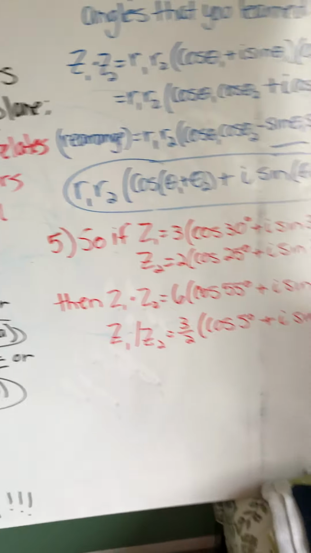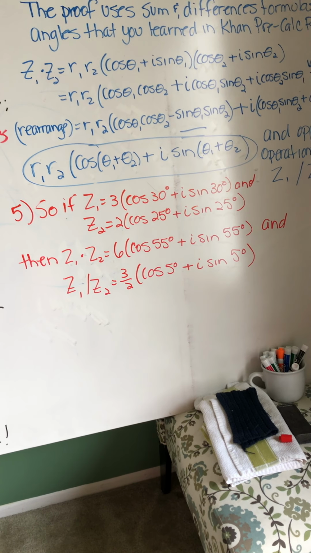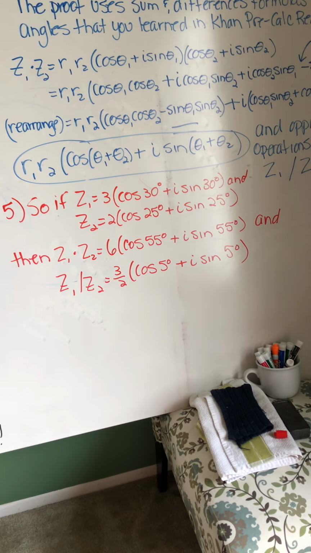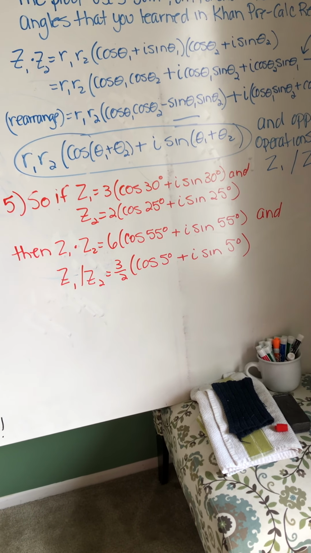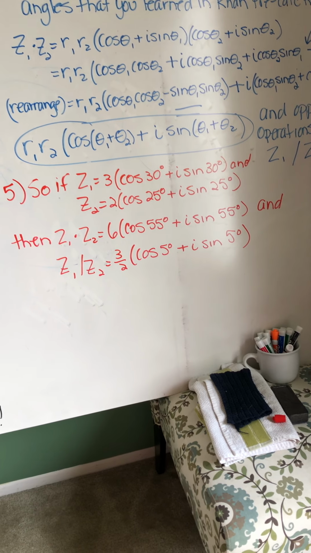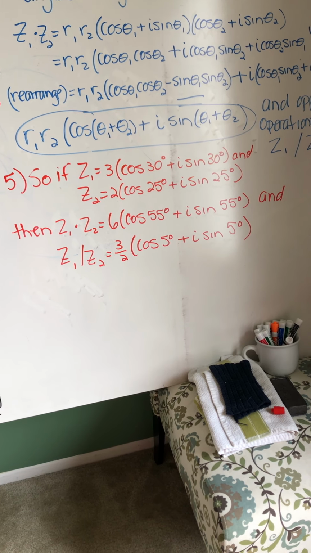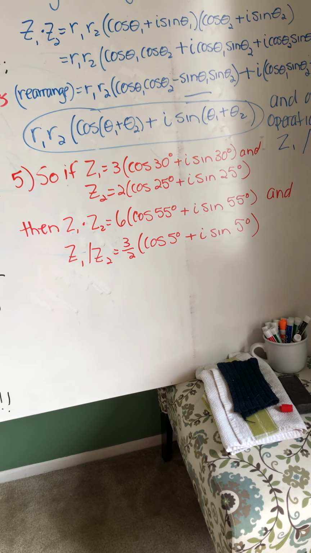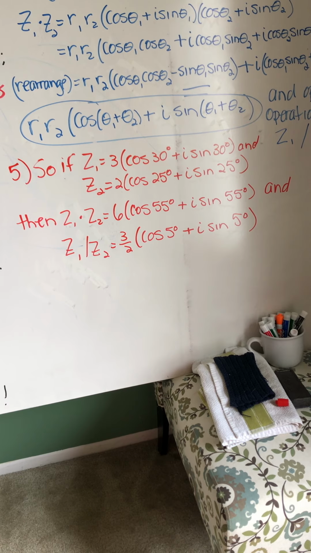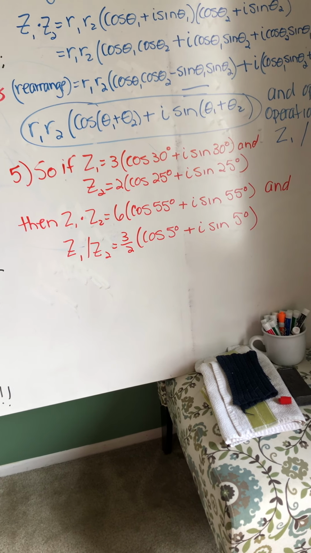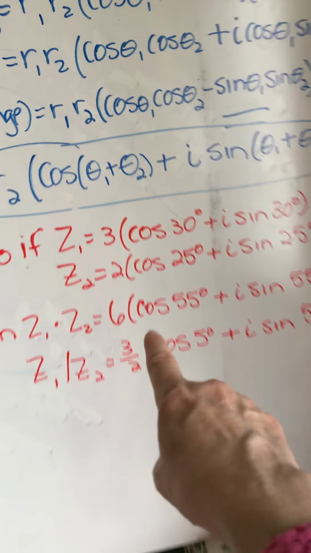So at the bottom, here's the easy math that Khan is asking you to do. After proving all this, the polar form of a complex number, and seeing where it came from, it turns out the math is easy. If Z1 is 3 cosine of 30 degrees plus i sine of 30 degrees, and Z2 is 2 cosine 25 plus i sine of 25, to multiply, just multiply the moduli. 3 times 2 is 6, right here.